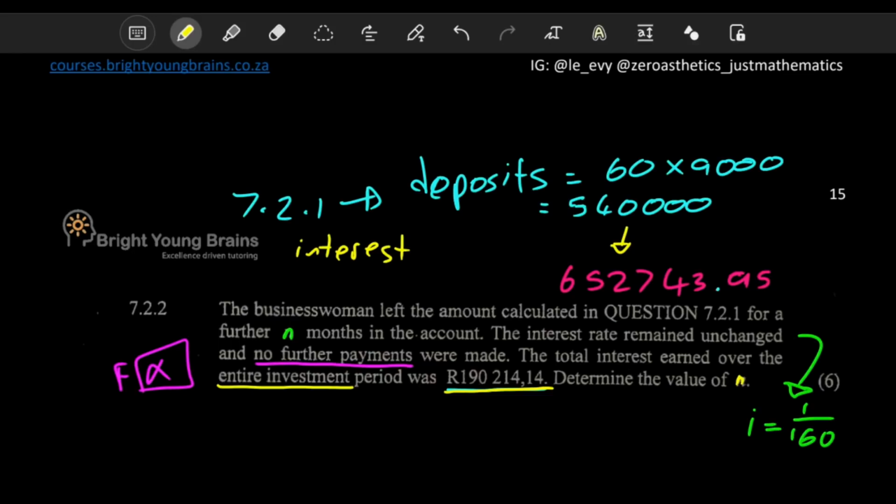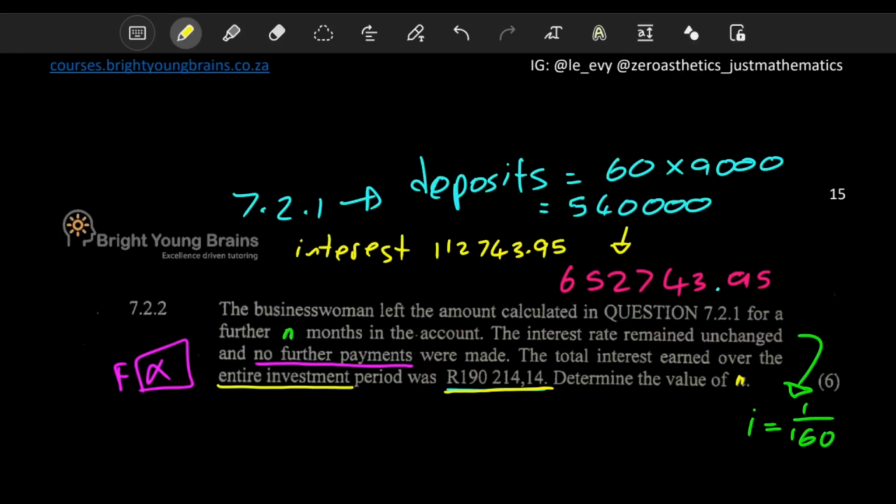Let's see what her interest was in that time period to begin with. The interest she earned in that time period is 112,743.95.